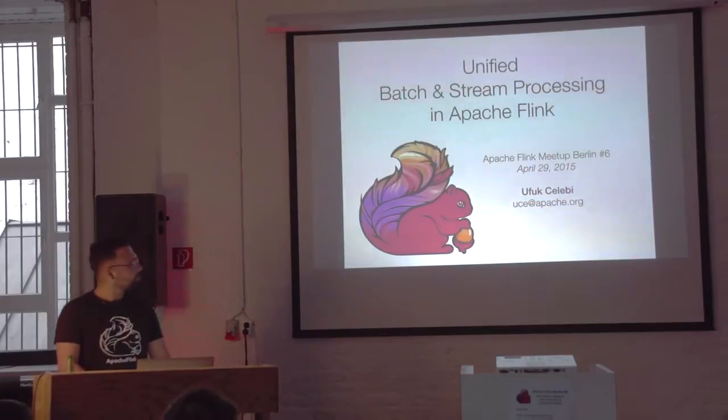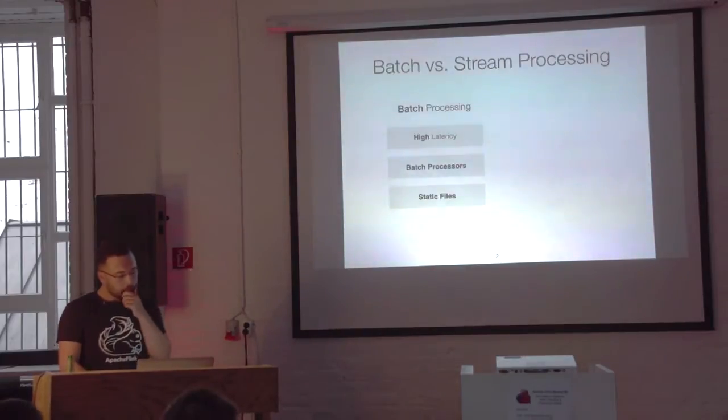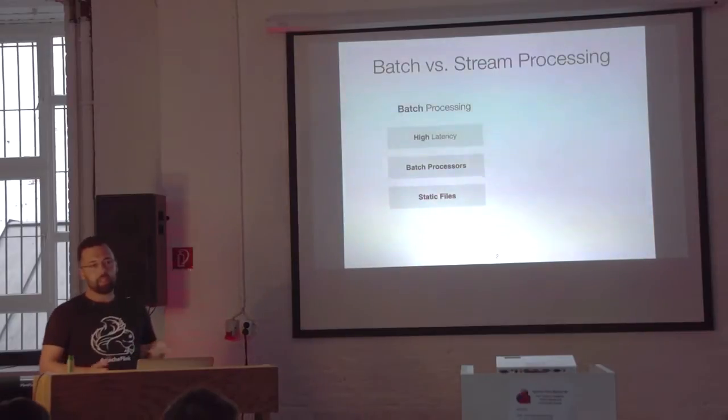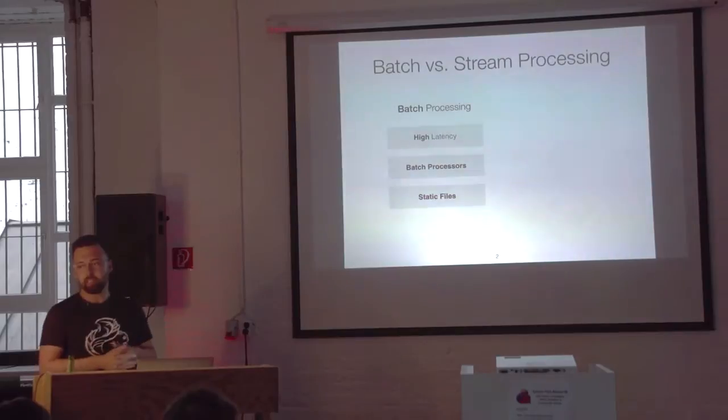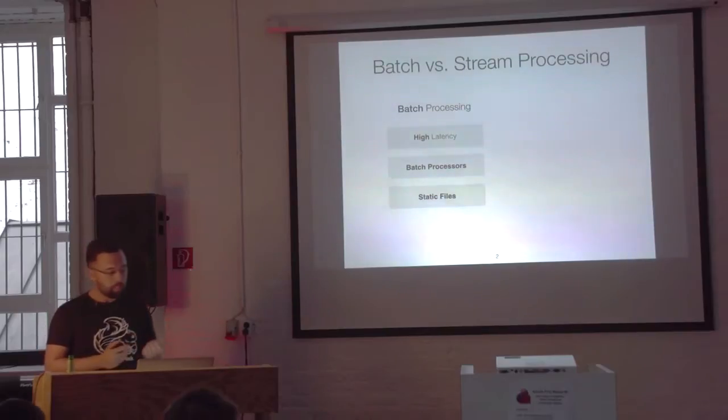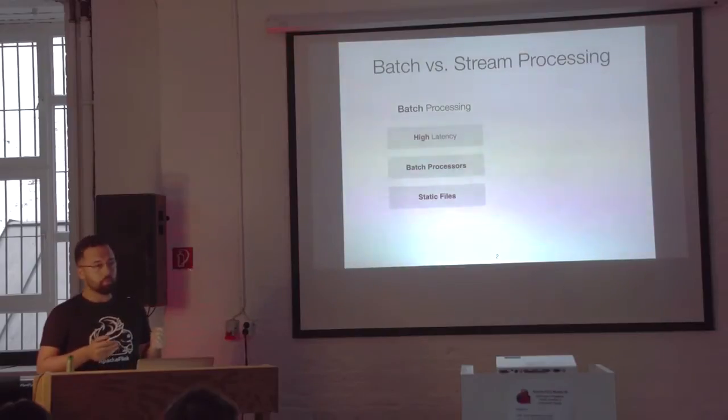So starting this talk, batch processing has kind of dominated this big data space from the beginning, most prominently with the Hadoop system, which is a batch processor, and which allows you very nicely to program your applications with high latency.